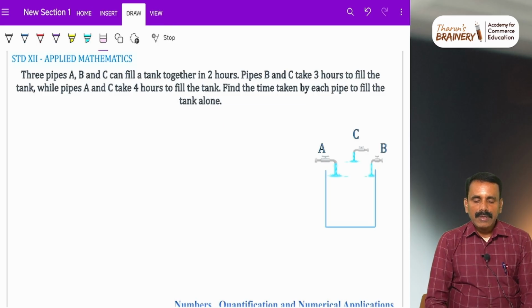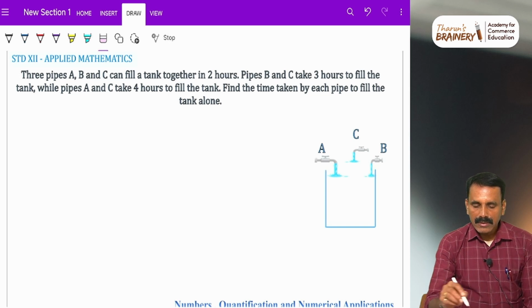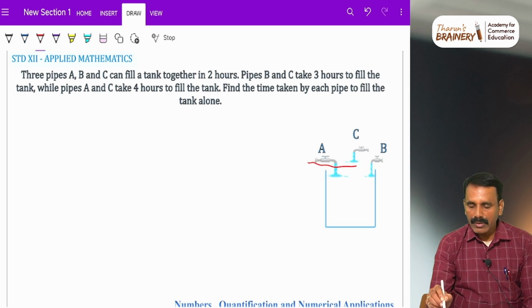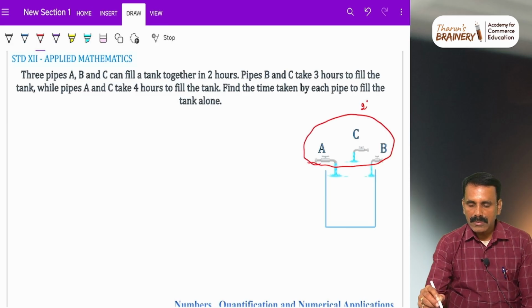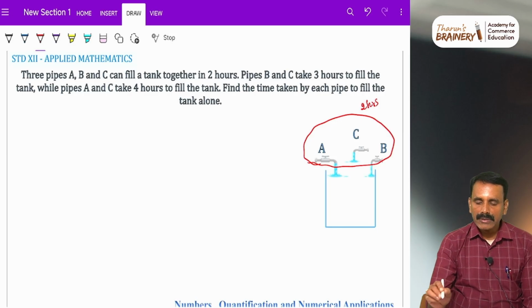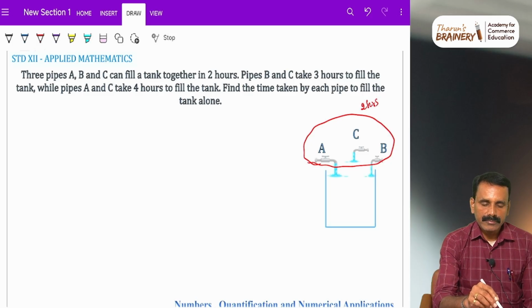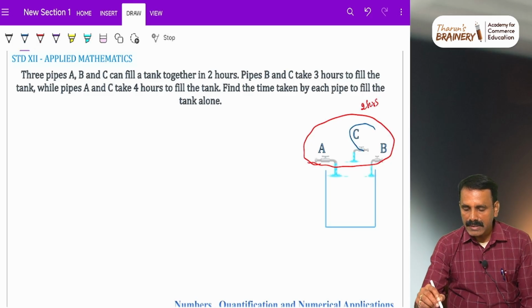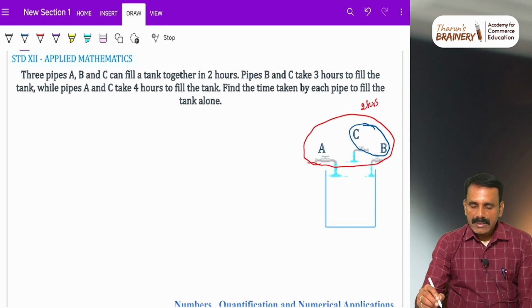Is it clear? Now the data given to us are A, B, C together. If they are going to operate, how much time will it take? It is going to take only 2 hours. If all the 3 pipes are going to be opened, it will take only 2 hours to fill the tank. Suppose B and C are going to be used, if these 2 pipes are going to be used, then it takes 3 hours to fill.